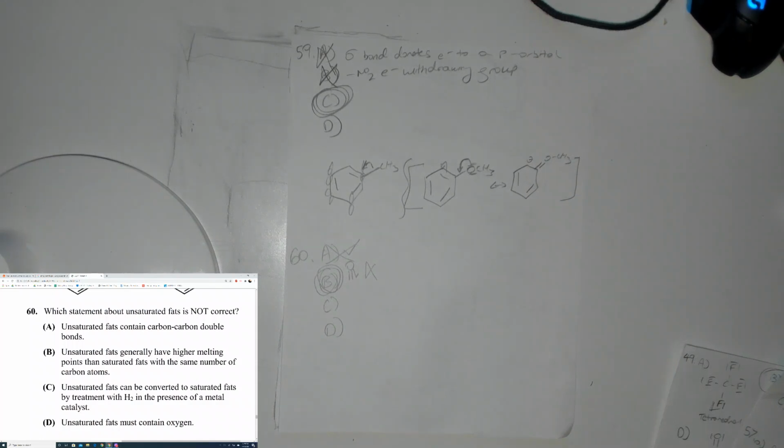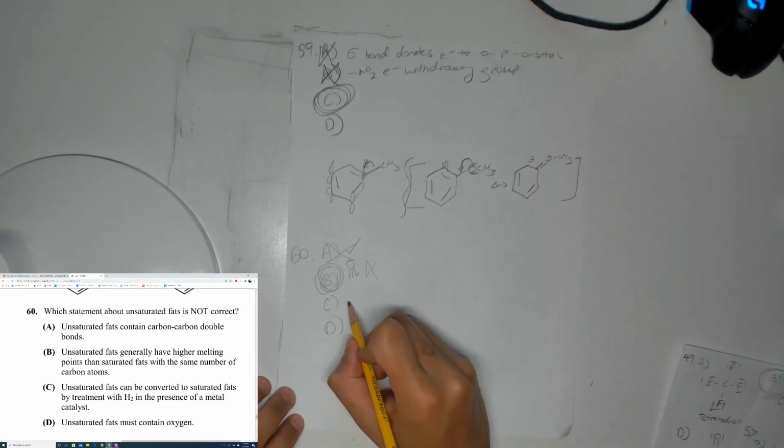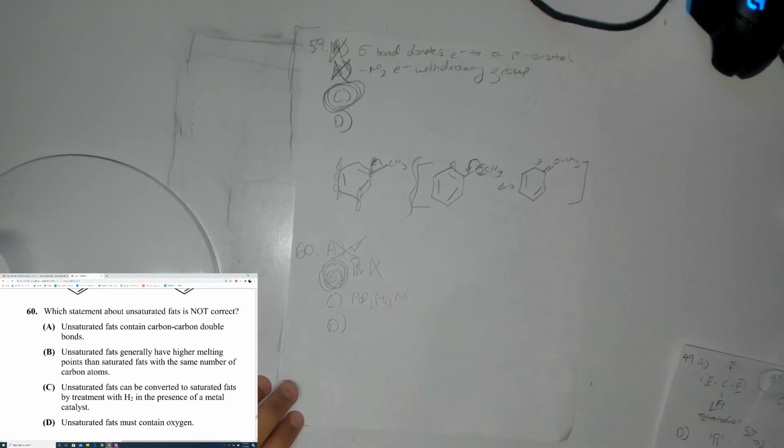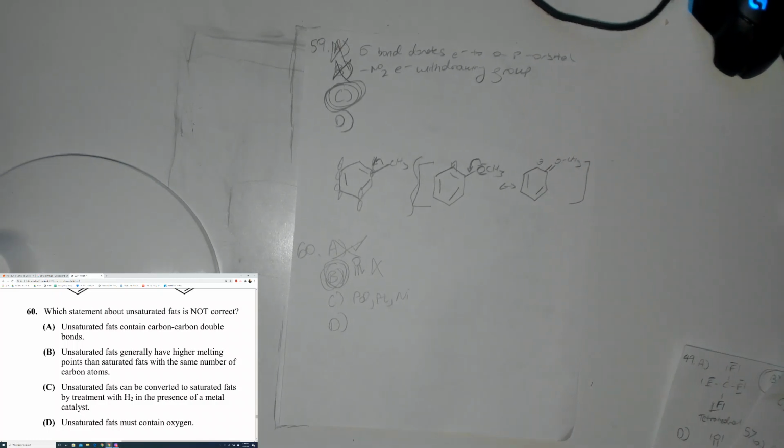C, unsaturated fat can be converted to saturated fats by treatment with H2 and a metal catalyst. Yes, that's true. Some of the metal catalysts include palladium, platinum, or nickel. And D, unsaturated fats must contain oxygen. Yes, they do.